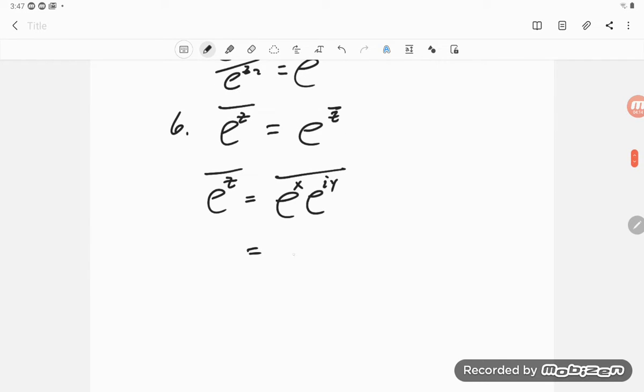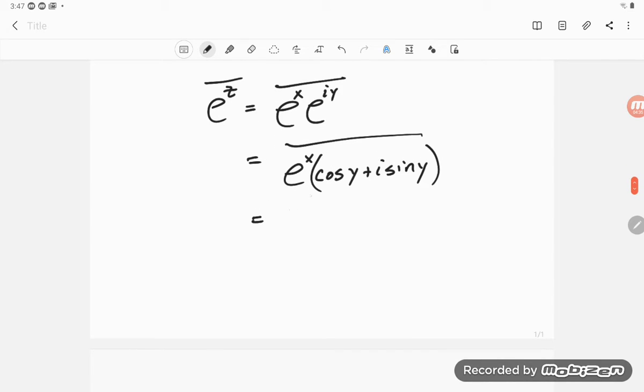Now that is e to the x, and here I really do need to go into cosine y plus i sine y. I need to go to this form to get something that actually looks like a complex number that I'm used to, conjugate of that whole thing. So then that's e to the x times cosine y minus i sine y. So now I've done the conjugate.